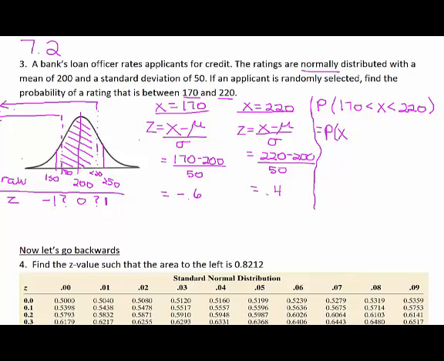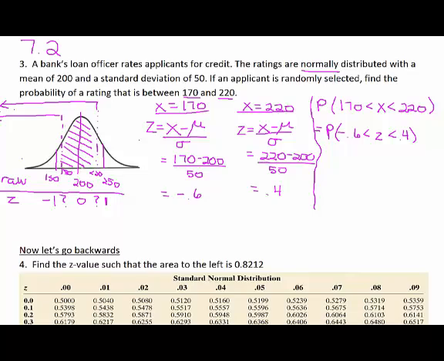Let me write it in z-scores already. That's the same thing as the probability that z is between -0.6 and, not negative, just regular 0.4.